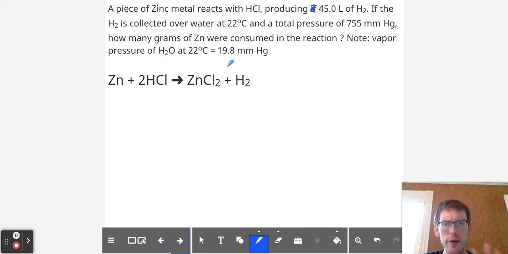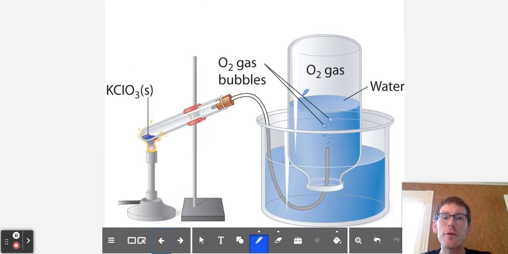Before we get into the calculation, let's point out why we're using the term total pressure and why this note on vapor pressure is given here in the problem. So there's a reason for it. If you look at this water here, this water is at equilibrium between the liquid and the gaseous phase, as all water will be. Because there's going to be some amount of gaseous water over the surface of it, we don't want to include that in our calculations.